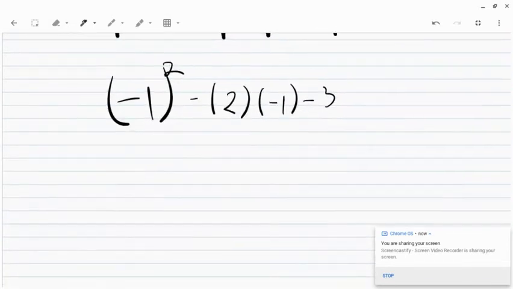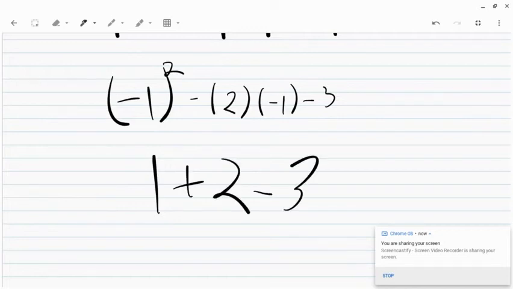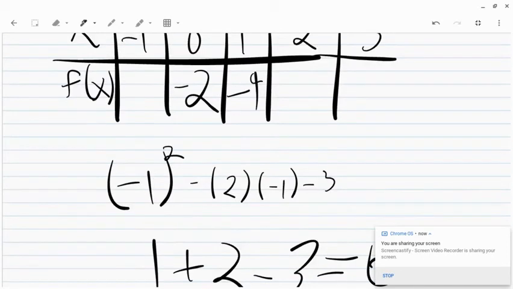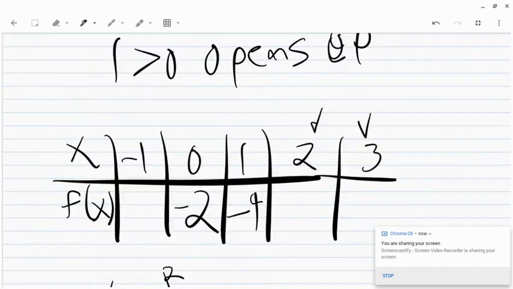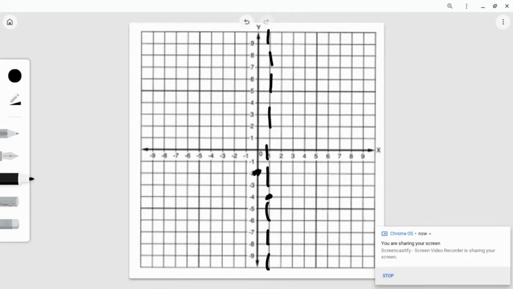So -1 squared is just 1, minus 2 times -1 is positive 2, minus 3. So 1 plus 2 minus 3 equals 0. So then you put that in your table of values, 0. Now you plot it. So -1 is 0.